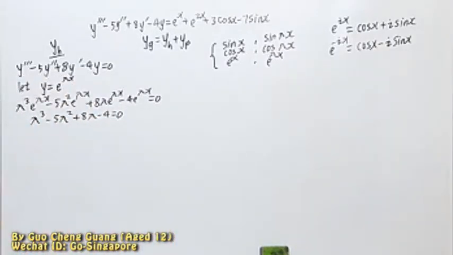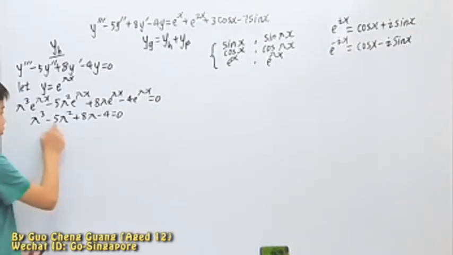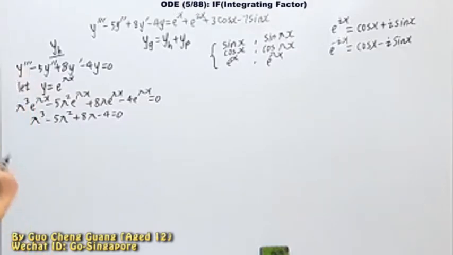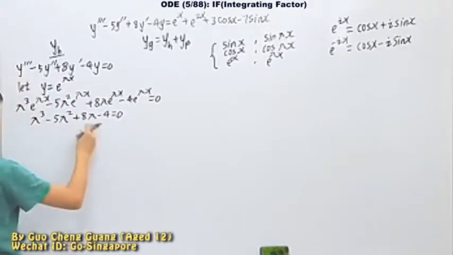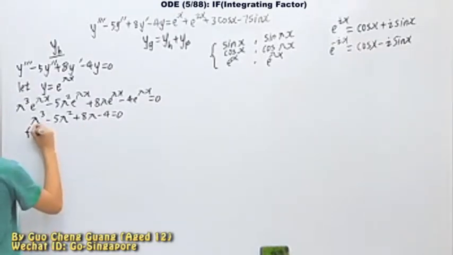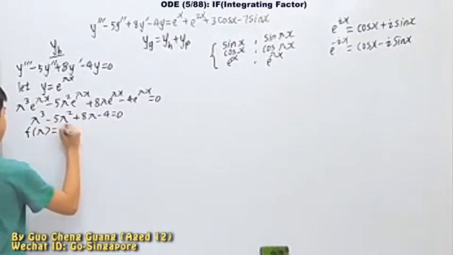But what's so different right now? Four terms here. Now what can we use? When we have four terms, wait, how about we just use the factor theorem?